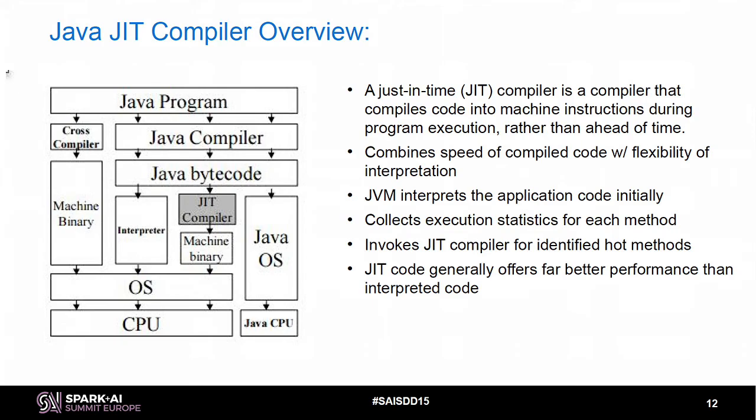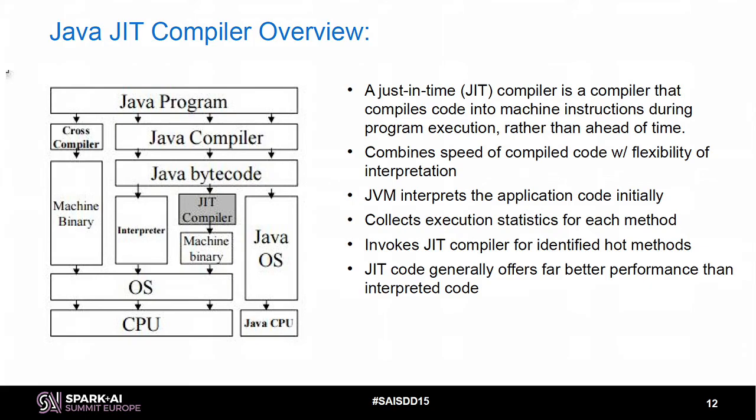One more important thing to mention here is that JIT compilers come in two flavors, the client compiler and the server compiler. The difference is in the aggressiveness with which they compile the code. The client compiler will compile the code a little earlier than the server compiler.